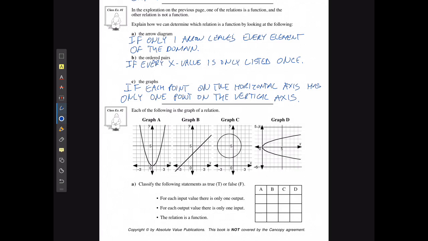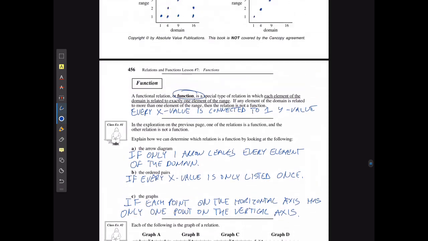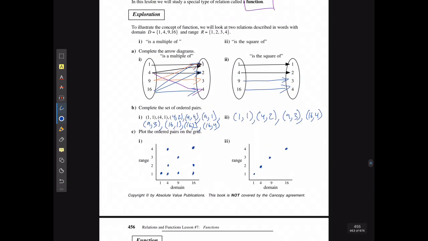So if I take these 3 examples, for the arrow diagram, if only one arrow leaves every element of the domain, if every x value is only listed once, or if each point on the horizontal has only one point on the vertical, well, when I take a look here, I can see that this has multiple arrows coming out. It is not a function. I can see that the ordered pairs have a repetition of x.